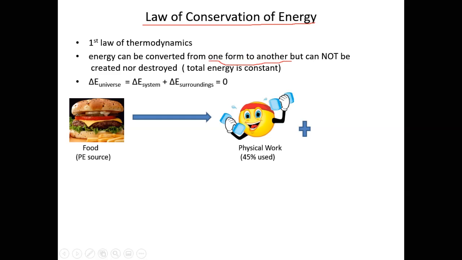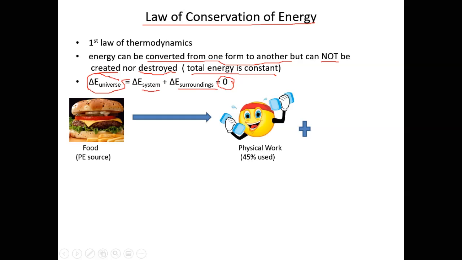So we can convert potential energy to kinetic energy, but energy cannot be created or destroyed. So the total energy is constant. So the delta E of the universe is always going to be 0. That tells us the total energy is constant for a universe. So the universe is made up of the system and the surroundings.